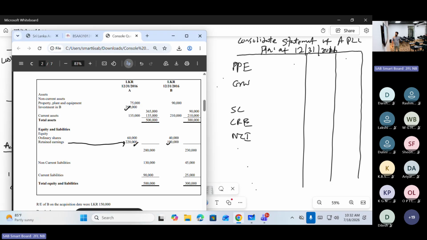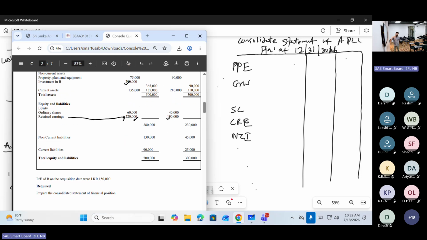Now we have an adjustment here. Retained earnings of B on the acquisition date were LKR 150. What do you mean by that?